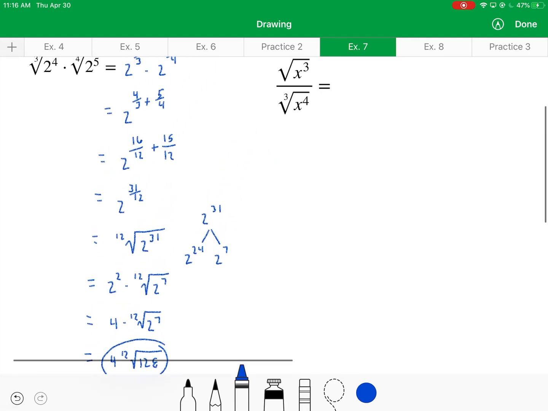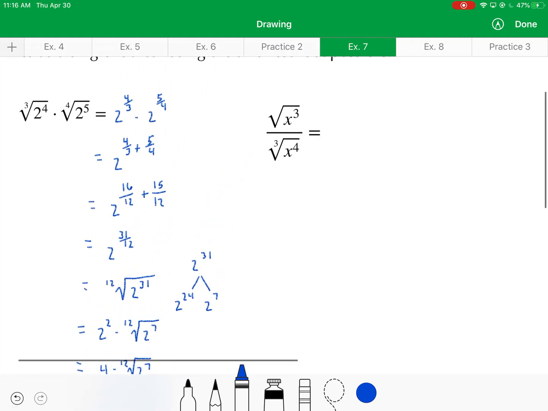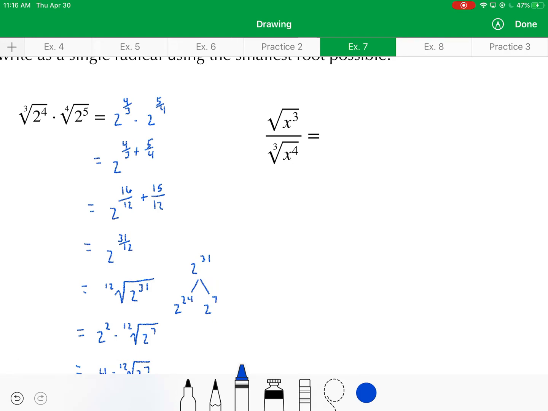All right, second example, notice I've got some variables here. Square root of x cubed divided by the cube root of x to the 4th. Notice, again, the radicals don't have the same index, so it's going to be helpful to go here. X to the 3/2 power divided by x to the 4/3 power.